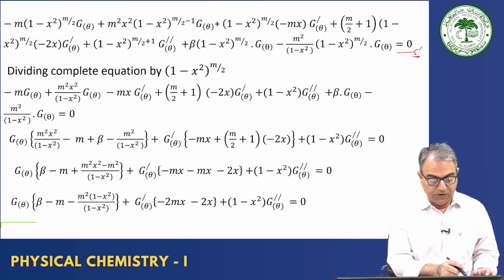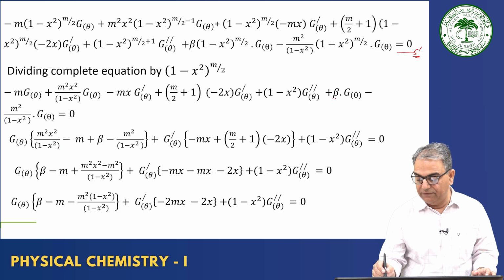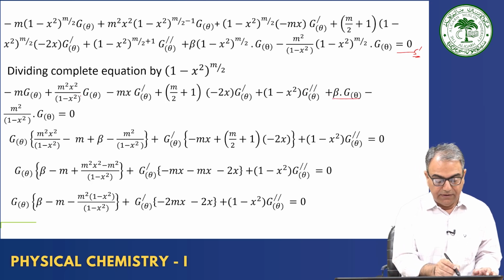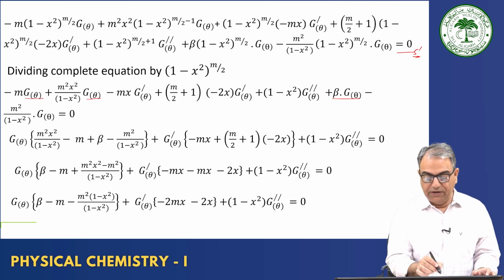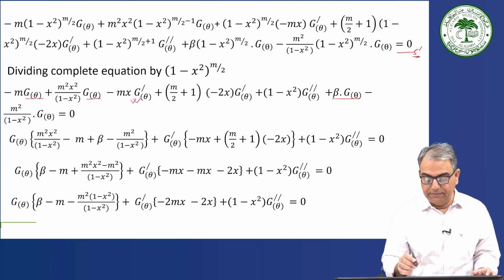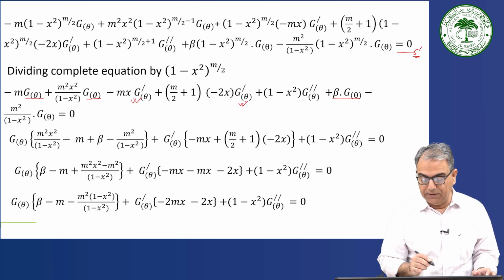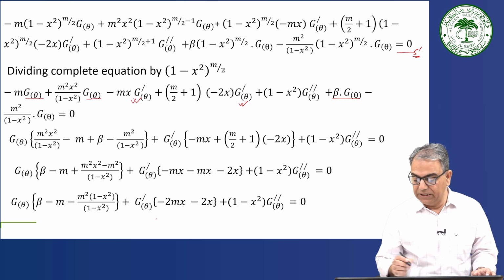and if you take g theta as common, then what do you get? You get minus m here, then m square x square over 1 minus x square, plus beta terms. All g theta terms we have g theta and g theta. Okay. Then you have g theta prime and g theta prime, two terms, and you have g double prime theta.